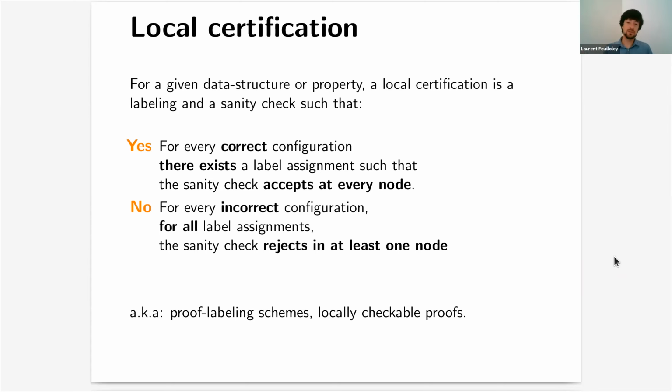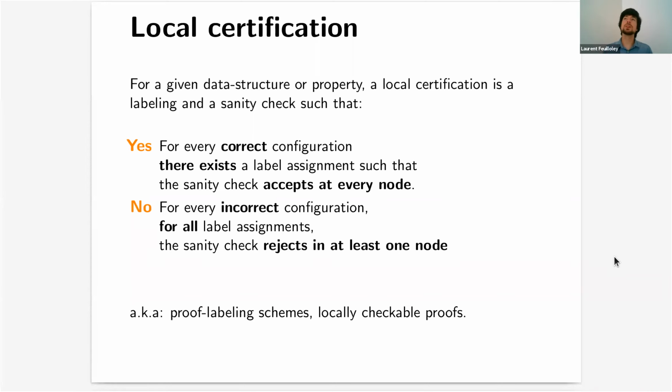It's not specific to spanning tree, it's just for any property you can ask such questions. And this is what is called local certification, or originally called proof labeling schemes, also called local proof. So all these things are basically the same idea, which is to have these two conditions. Okay, fine. So this was somehow the gem I wanted to tell you about.